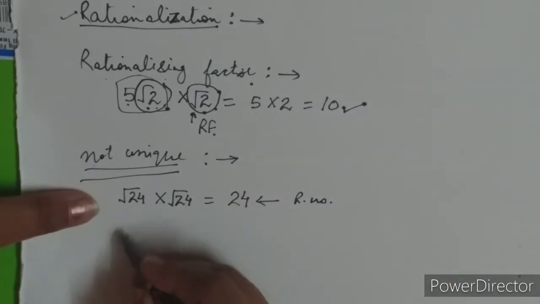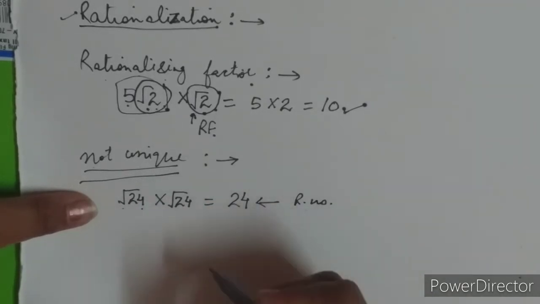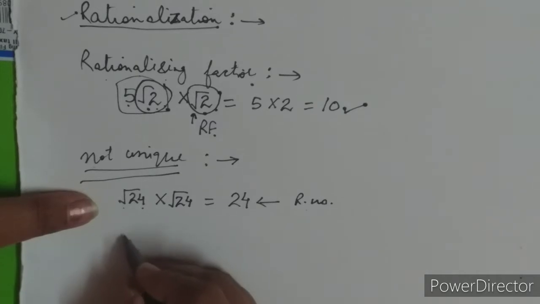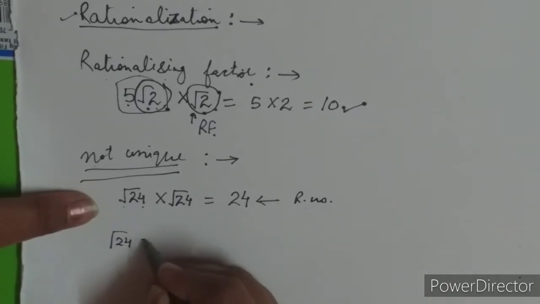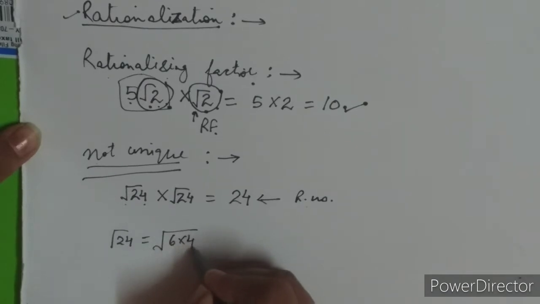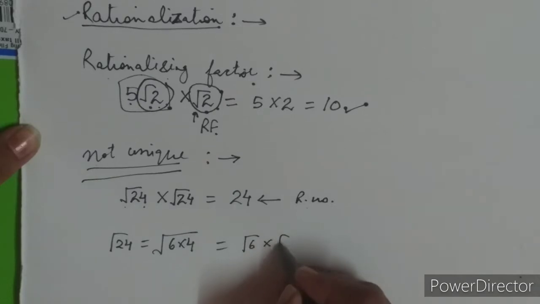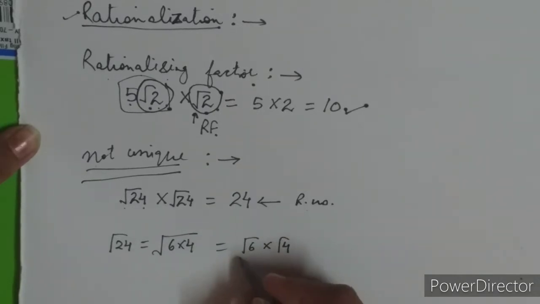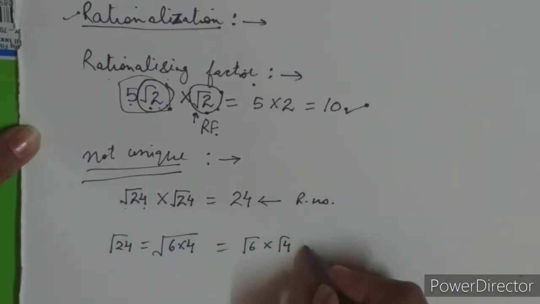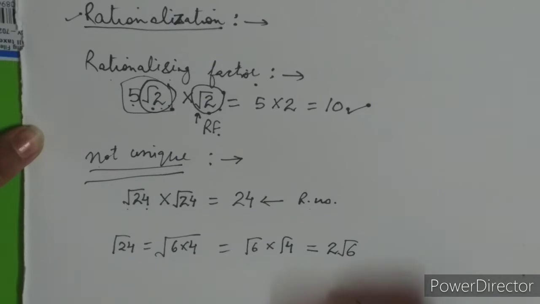But is there any other way of changing this square root of 24 into a rational number? Let us try. Square root of 24 can be written as square root of 6 multiplied by 4, so I can write it as square root of 6 into square root of 4. Square root of 4, all of you know, is 2, and root 6 I would write as it is.